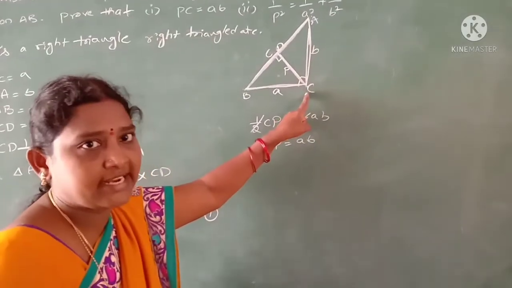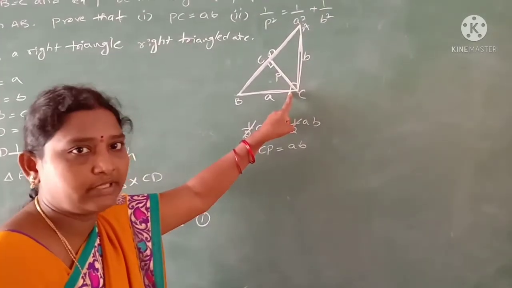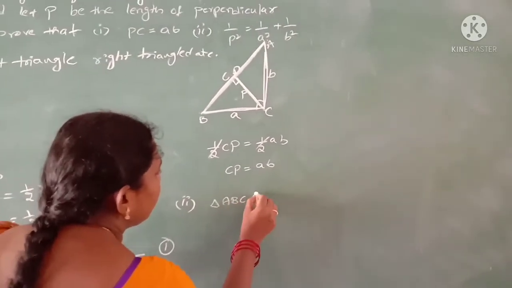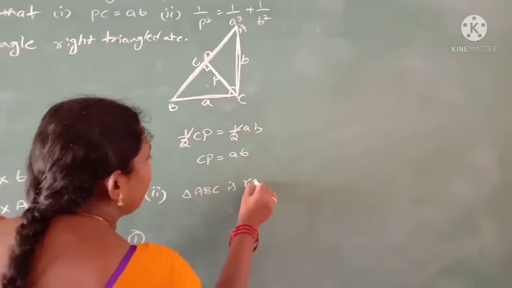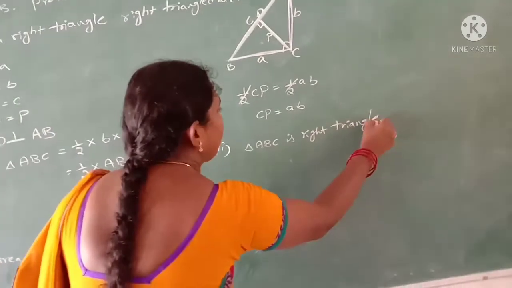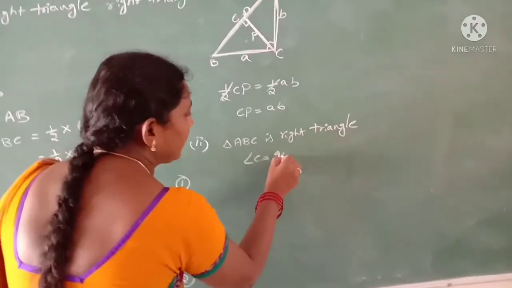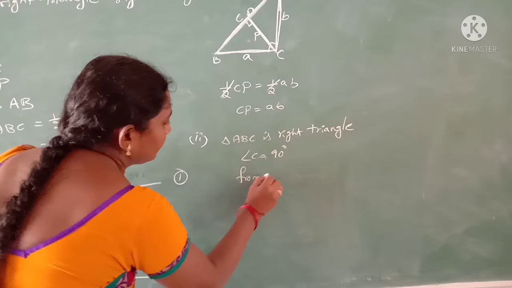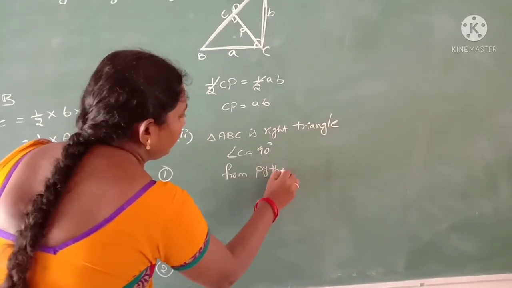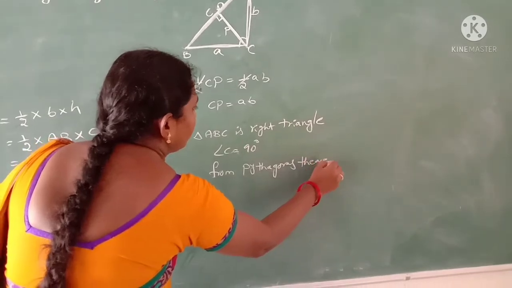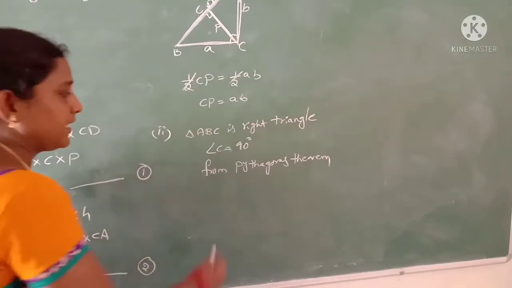ABC is a right angle triangle and C equal to 90 degrees. From Pythagoras theorem, what is the Pythagoras theorem?